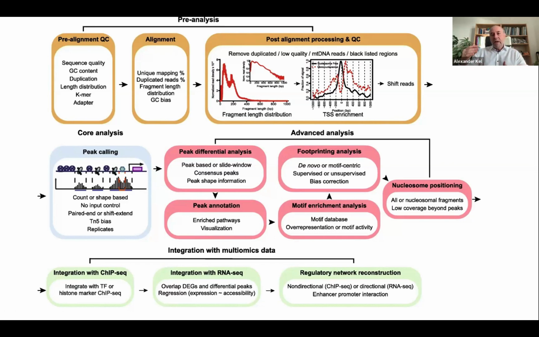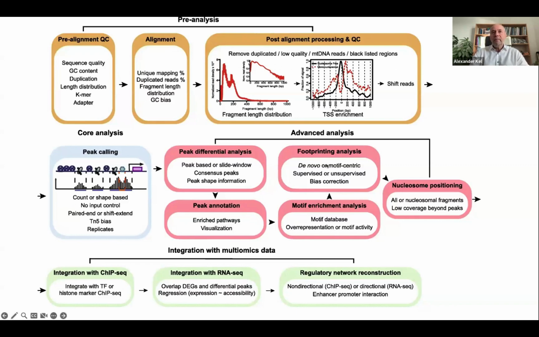If you have ATAC-seq data in both conditions, then those peaks can be compared, either very simply by just overlapping them, or more precisely if you start counting reads in one condition versus another. It can be done peak-based, or it can be done in other ways, and we'll see it in a moment.